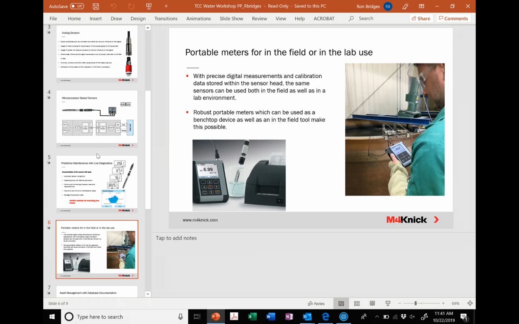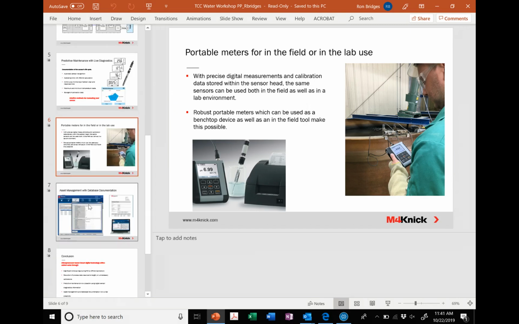So this is one of the biggest benefits to smart digital and microprocessor-based technology, in the sense that the time that was being spent in the industry to do PMs, because you were forced to be in the process unit to do them, is significantly reduced.